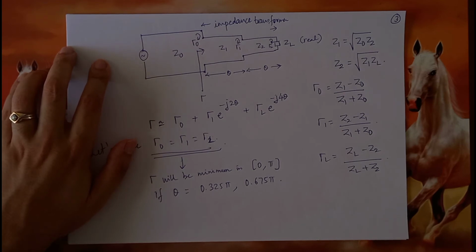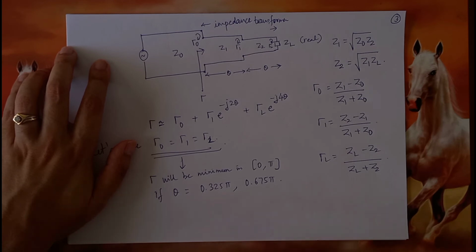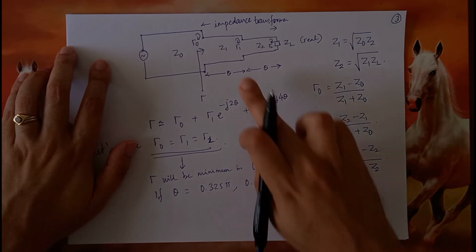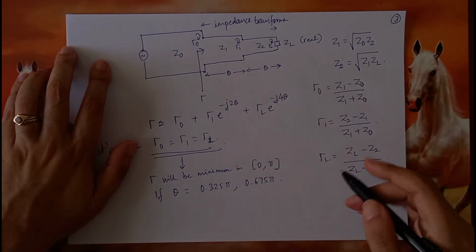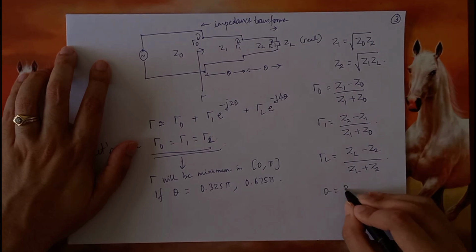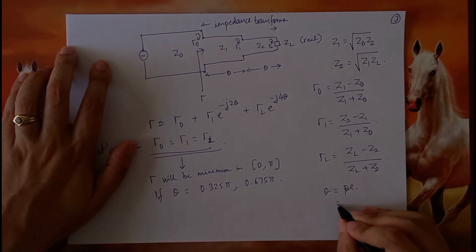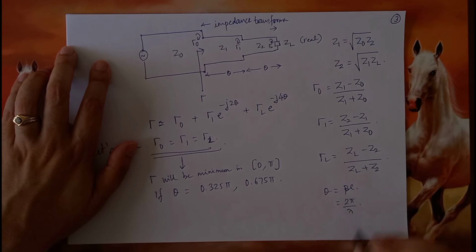Right? This is something very interesting. Now does it mean that if theta becomes some other value, the length should not be lambda by 4? No, not really. Because as you know, theta is beta L, and beta is 2 pi by lambda.